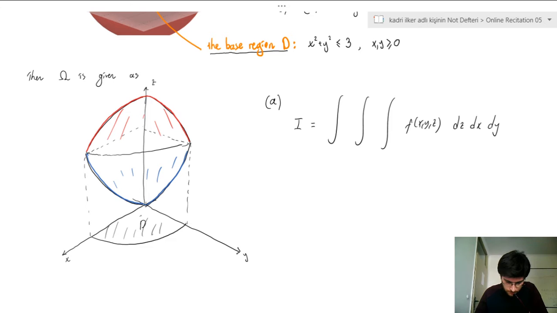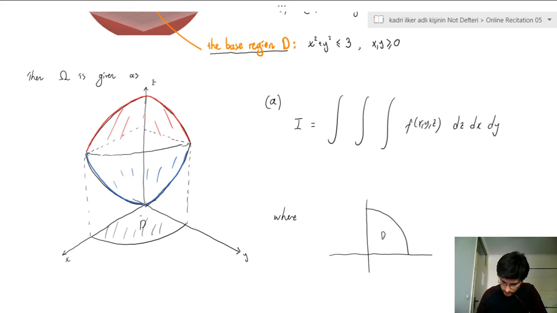Let's continue. So we have this region somehow, and if you remember, maybe I should write down something like this, where our region, I mean the base region. Be careful. This is the base region, which is this.